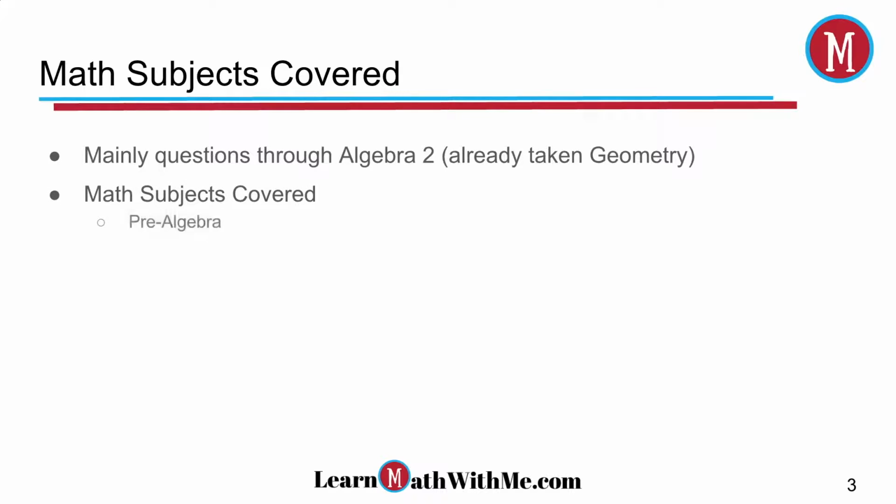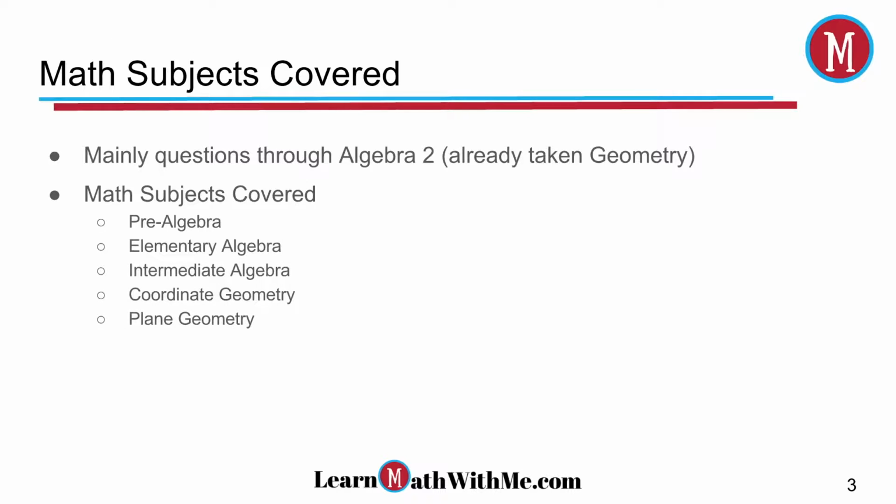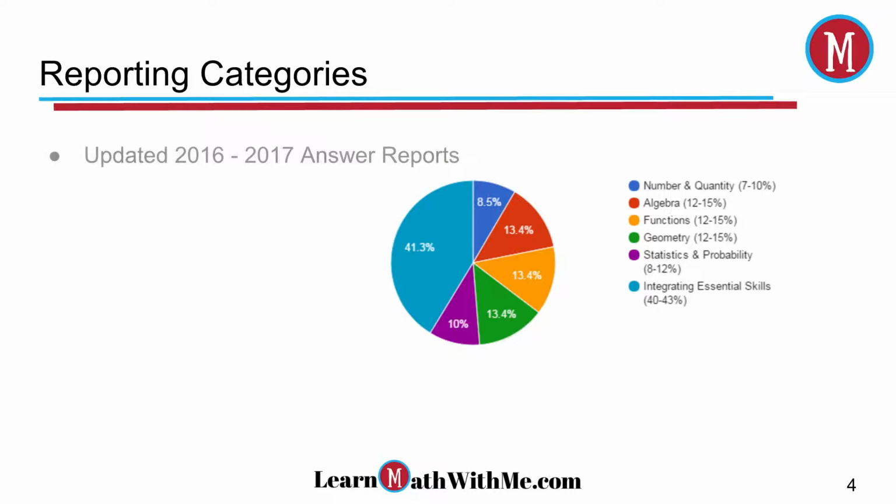And so what we're talking about specifically is your pre-algebra, elementary algebra, intermediate algebra. Geometry problems are broken down into coordinate and plane, and then the trigonometry like we just talked about. Now for the 2016-17 school year, the ACT board made some changes to the reporting categories in the math section.